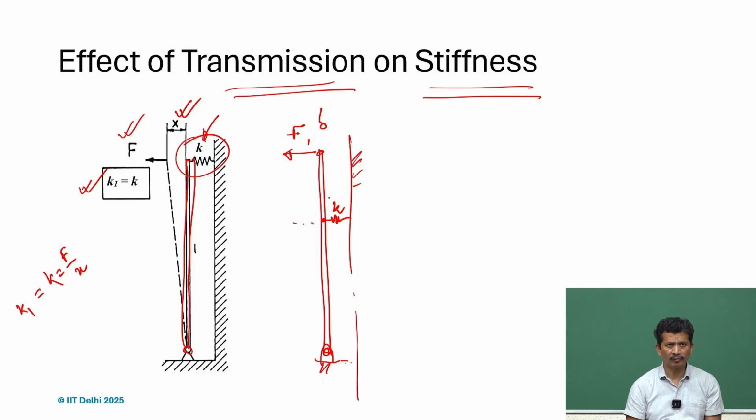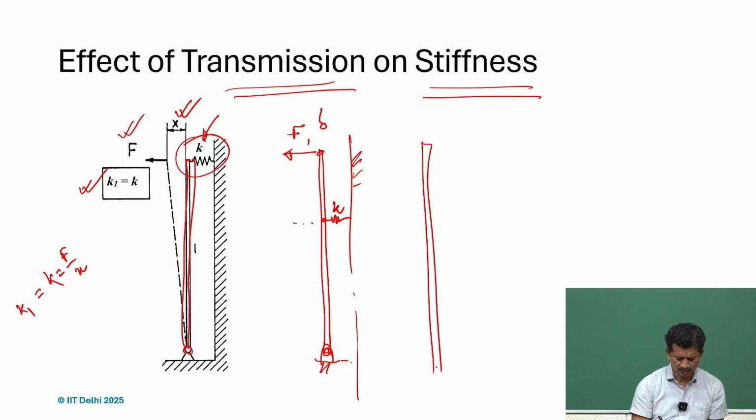If we make the free body diagram, it is like a lever now, because if you take the bar, the spring will try to pull it. So, there will be some force here, which is a function of this leverage.